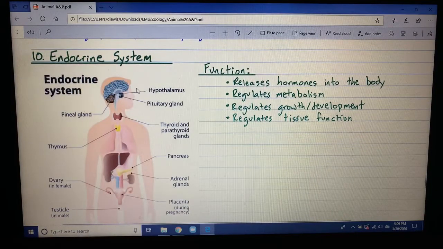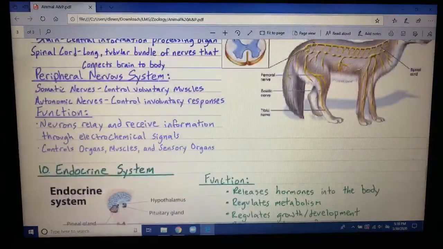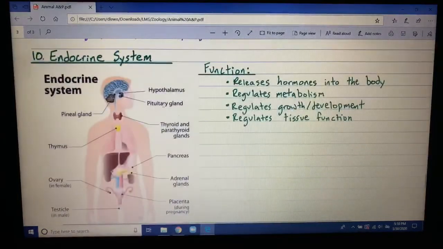The next system is the endocrine system, and it's going to be very similar. The endocrine system and the nervous system are going to work together in terms of controlling and regulating our body. The nervous system does it through releasing electrochemical signals. The endocrine system does it through releasing hormones into the body. Those hormones will then tell organs to do things or to not do things.